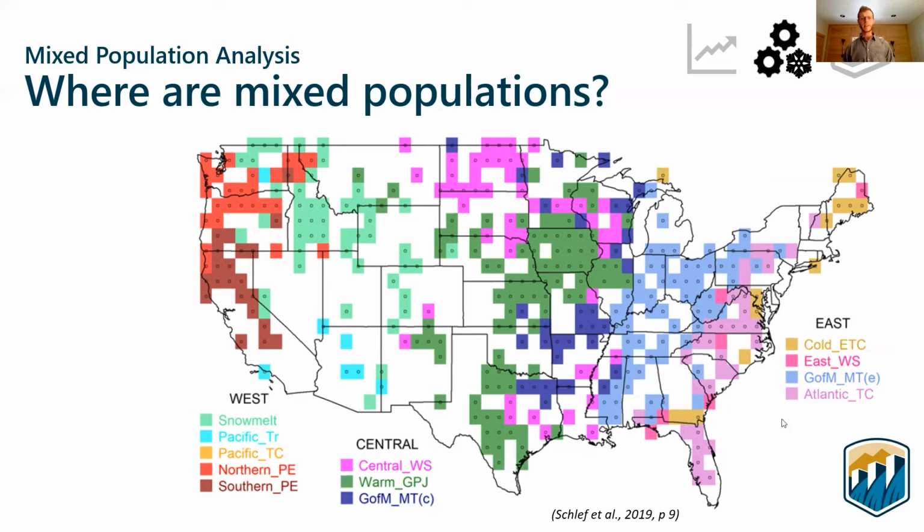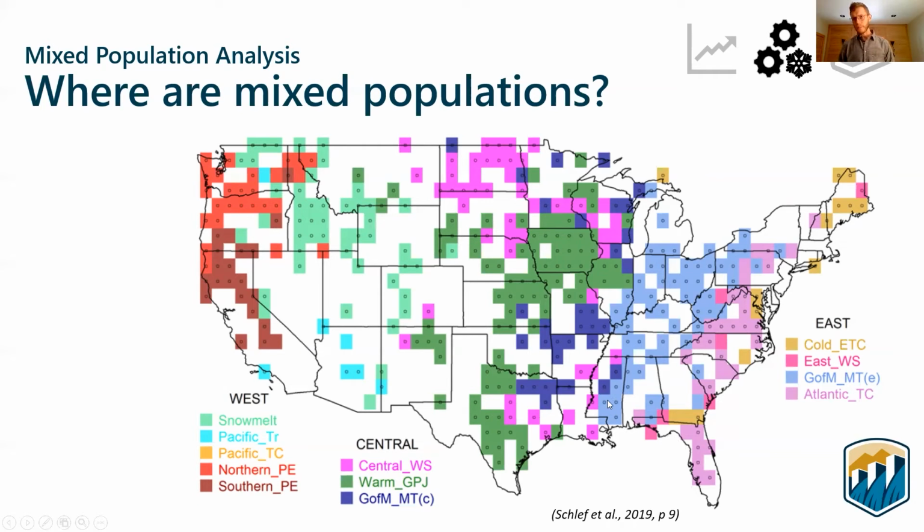You can see a bunch of different types. Along the West Coast, you've got northern and southern PE, Pineapple Express. As you move into the Sierras and parts of the Rockies, you get this light green, which is snowmelt. As you move further over, you begin getting tropical storms and other types of events.